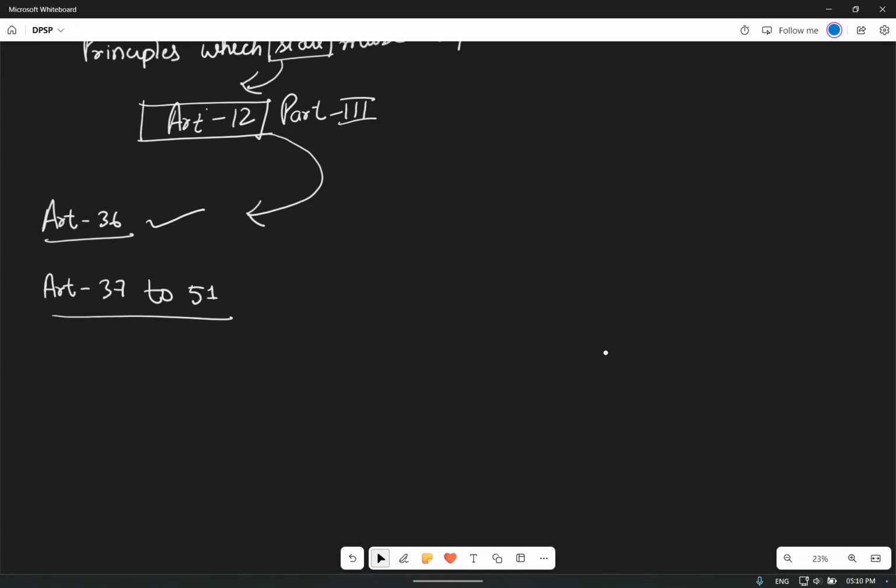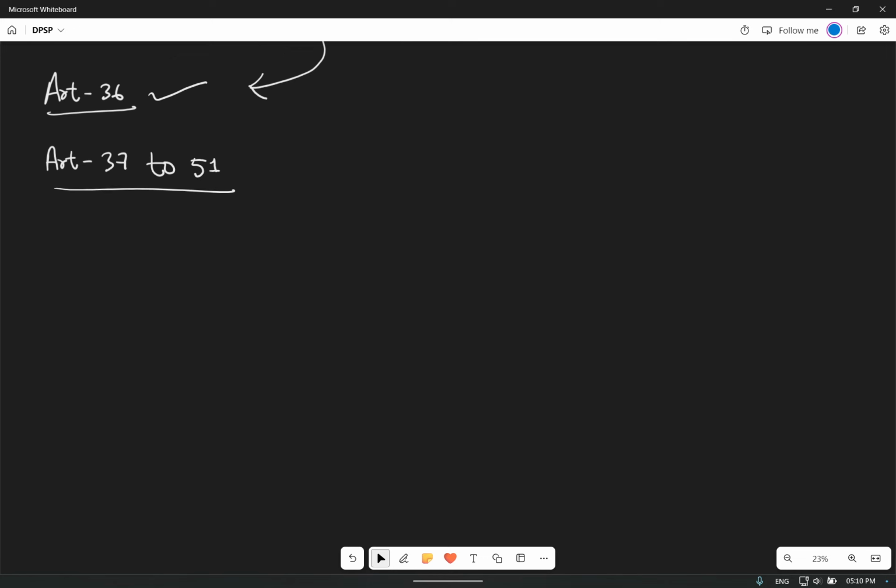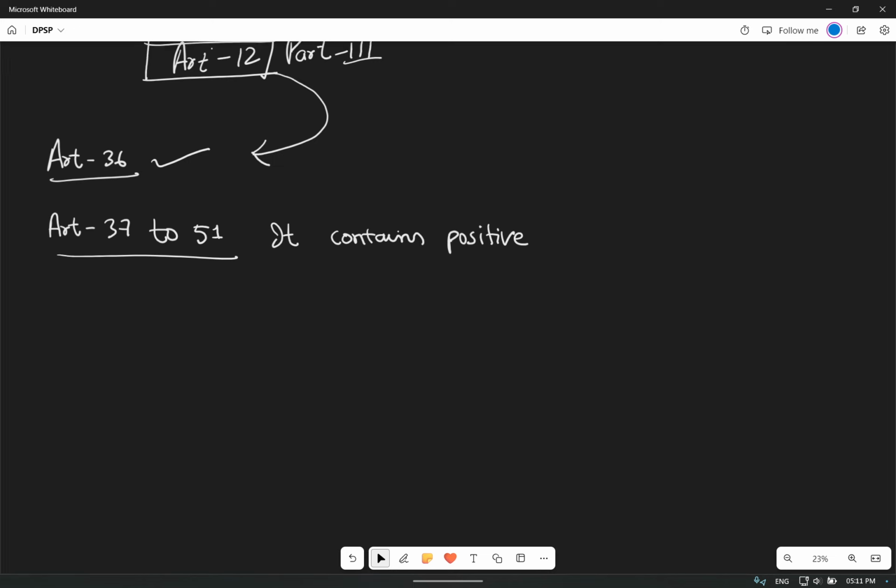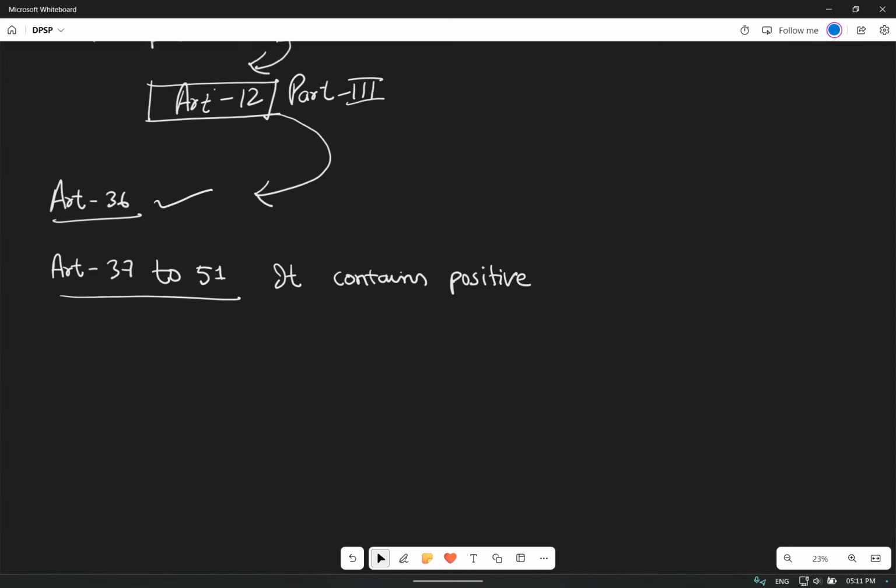Okay, so what is in Articles 37 to 51? Articles 37 to 51 contain the positive obligations of the state. When we started learning the fundamental rights, we got to know that fundamental rights were negative obligations.